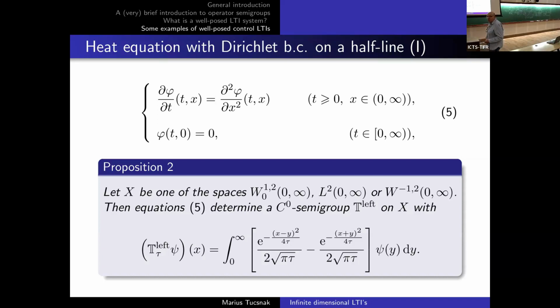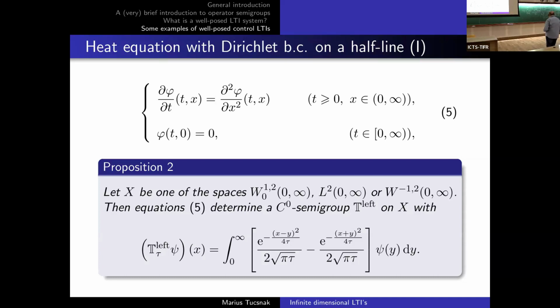How do I get this formula? If I had only the first quantity here times psi, this quantity is a heat kernel. And then I just symmetrize to satisfy the zero boundary condition at zero, and I get this formula for the solution. So I have a formula for my semigroup, fully explicit.